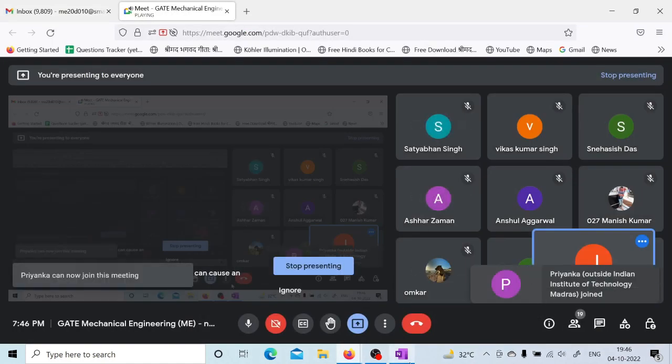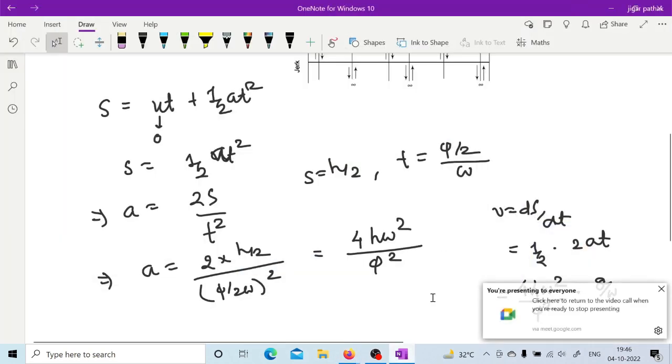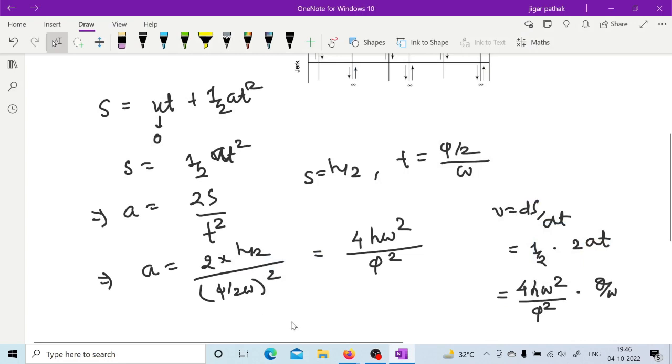If you write this as 4h omega square upon phi square into theta by omega, you can further simplify. In general, we are not writing in terms of any outward stroke angle or inward stroke angle.